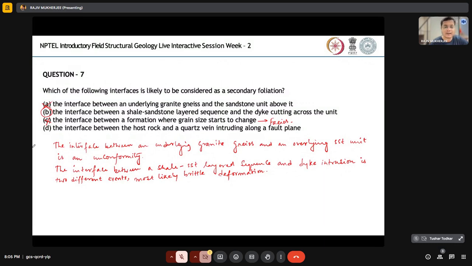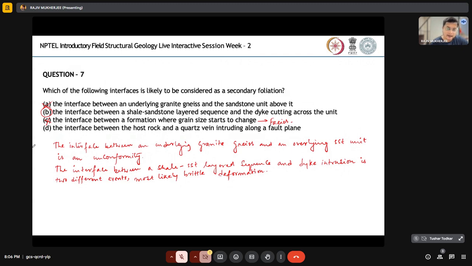And then again, it can also leave some signatures of temperature driven plasticity or ductility within the material, and it can also develop some local scale foliations within the material if the rest of the material is considered to be undeformed, right?